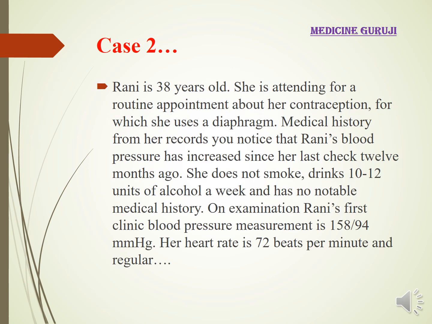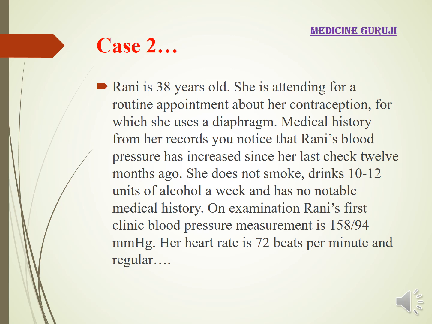Now coming to a second case scenario. Rani is 38 years old. She is attending for a routine appointment about her contraception with the family physician, for which she uses a diaphragm. From her records, you notice that Rani's blood pressure has increased since her last check 12 months ago.